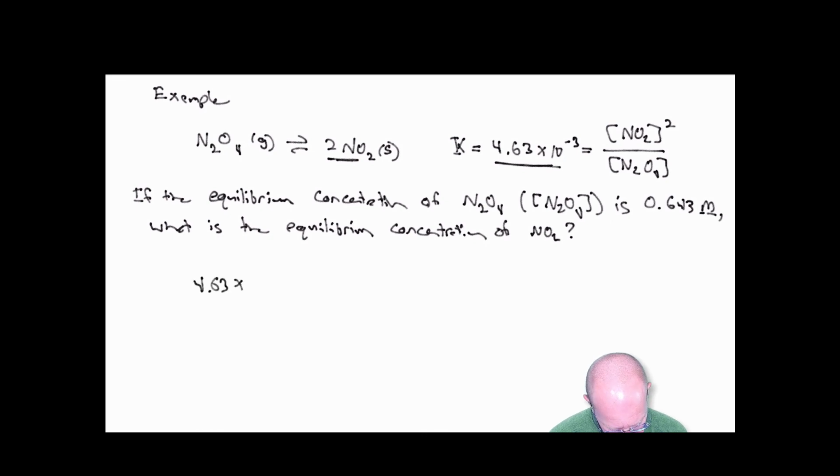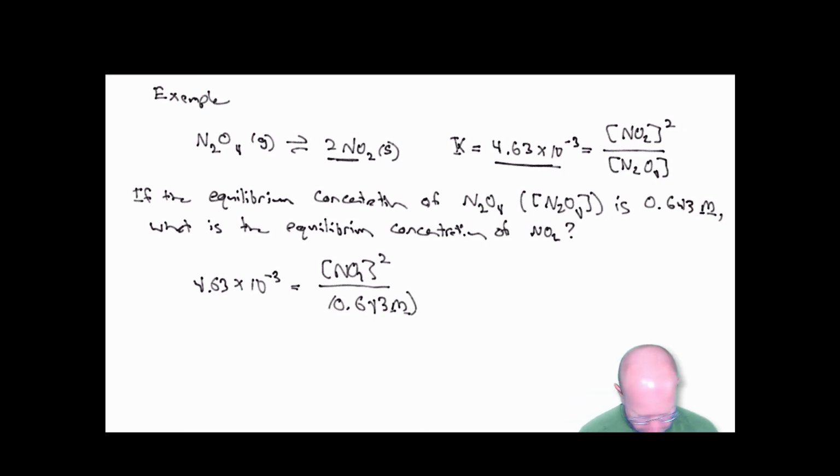We know that 4.63 times 10 to the minus third is going to be equal to the nitrogen dioxide concentration squared, all divided by that concentration we were given, 0.643 molar. So I've got to multiply both sides by 0.643. I'm going to take 4.63 times 10 to the minus third and multiply that by 0.643.